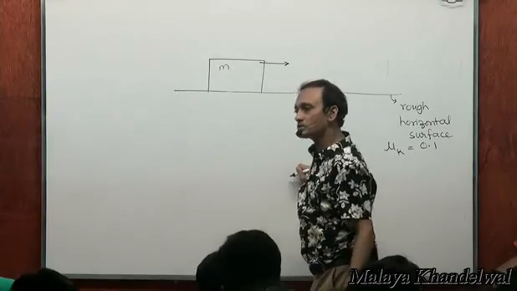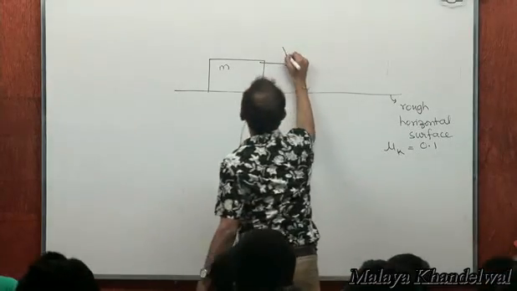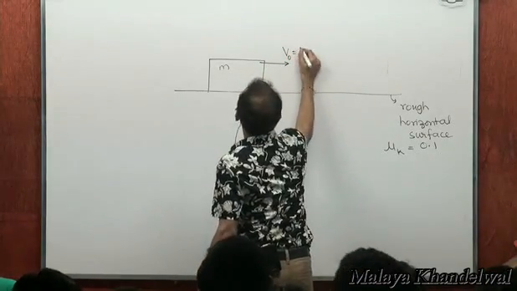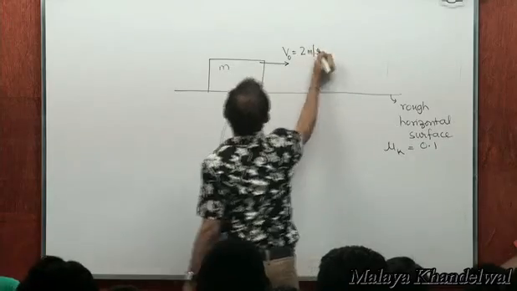This was imparted a velocity v naught equal to 2 meters per second at time t equal to 0.